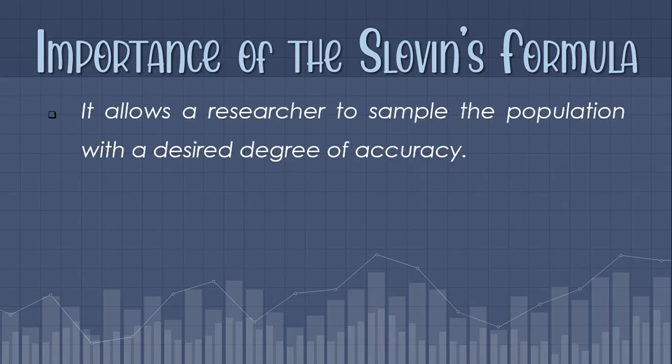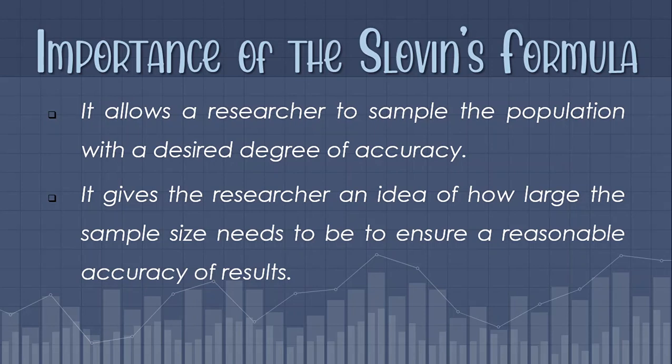Now, the Slovin's formula allows a researcher to sample the population with a desired degree of accuracy. It also gives the researcher an idea of how large the sample size needs to be to ensure a reasonable accuracy of results. Now, how can we use the Slovin's formula in determining the sample size?